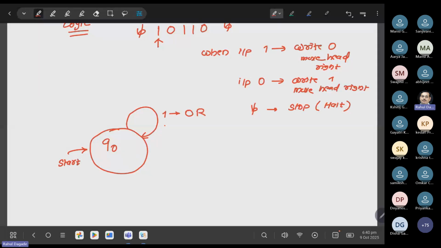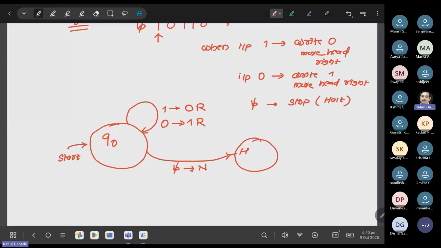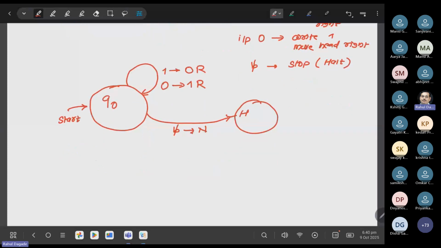And to stop, let us take the halt state as H. When the input is blank, there is no movement of the pointer. You keep blank as it is. So this is the diagram.